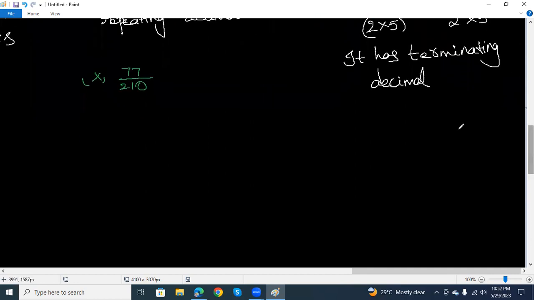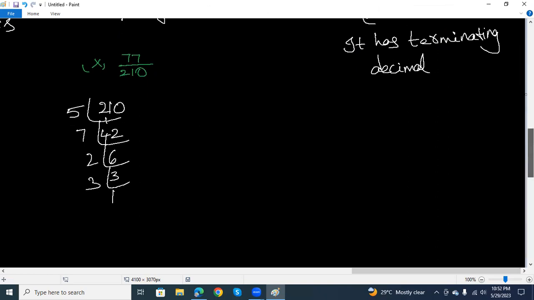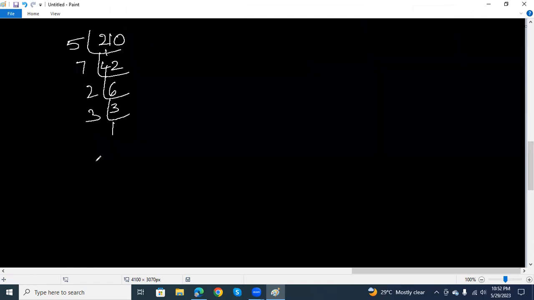Last question, 10th one. 210, prime factorization with 5. 5 fours are 20, 5 twos are 10, 42. 7 sixes are 42. 2 threes are 6. So this can be written as 77 by 210 is equal to 77 by 2 into 3 into 5 into 7.